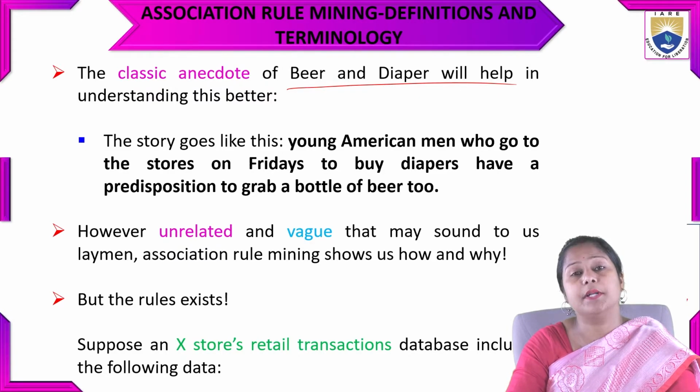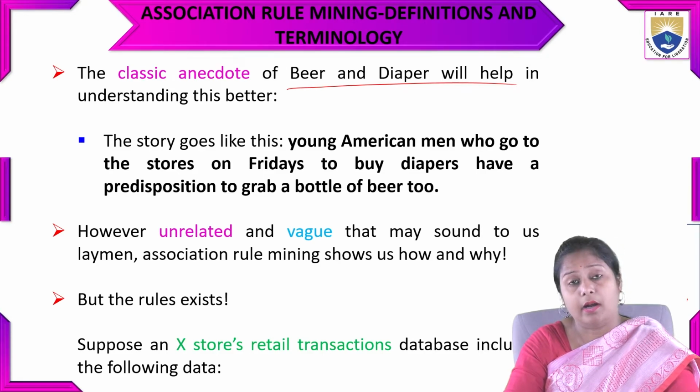What is the relation between those two items? Beer is consumed by adults, while diapers relate to a small baby. So how have those two items been related to each other?